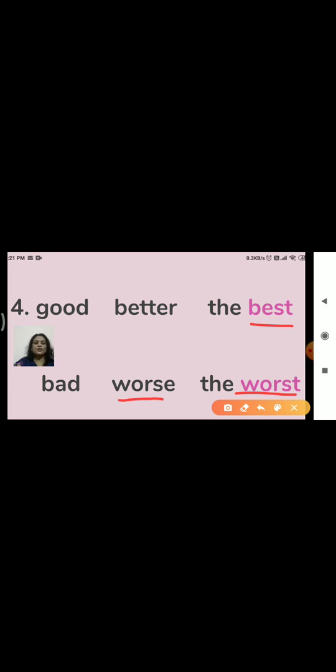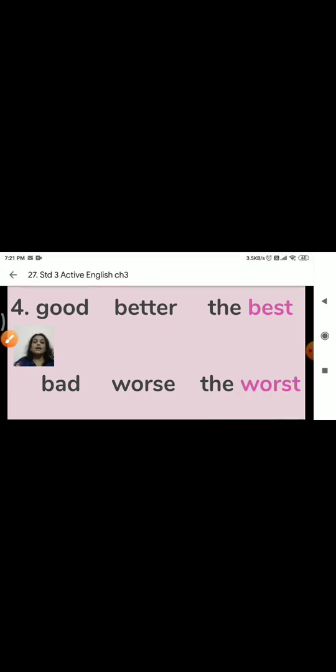So these are called irregular comparison, where we do not add er or est, but we form new words to make our comparative and superlative degree. Okay, so what have we learned today? We have learned 3 types of degrees, right?